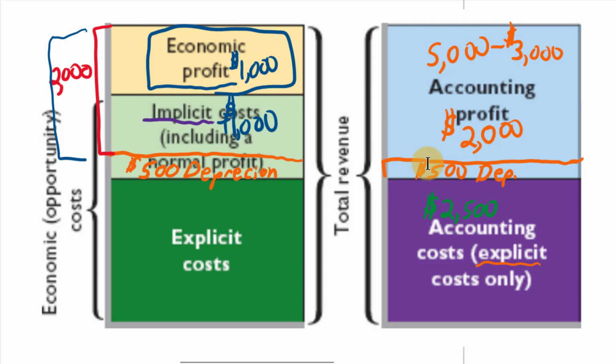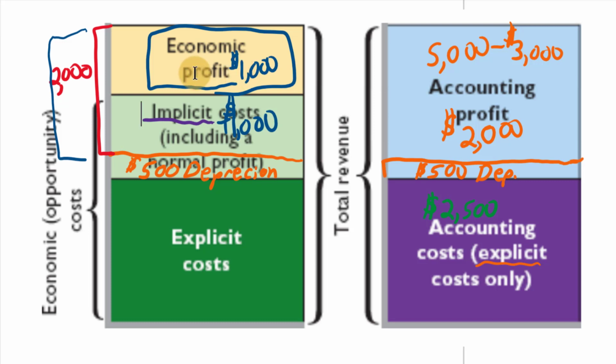So if you're making $1,000 economic profit, and anytime we say profit in an economics class, we're talking about economic profit, that $1,000 means you're making $1,000 more in this business than you could make if you shut the business down and used all your resources to their highest purpose somewhere else.